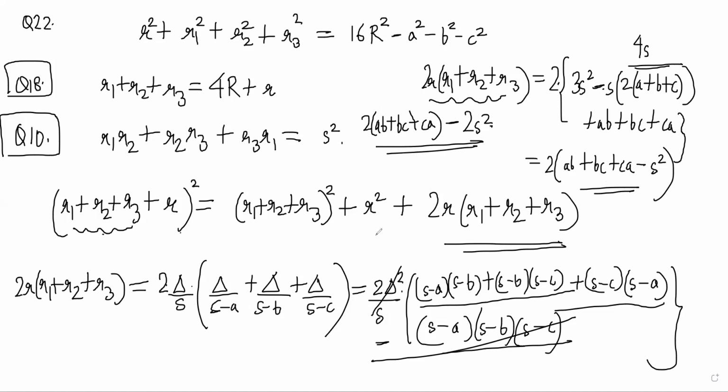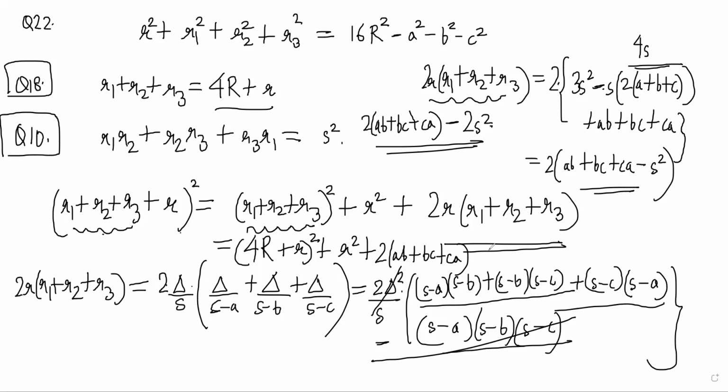Now this thing is equal to (4R plus r) whole square, plus r square plus 2 times (ab plus bc plus ca) minus 2s square, right?